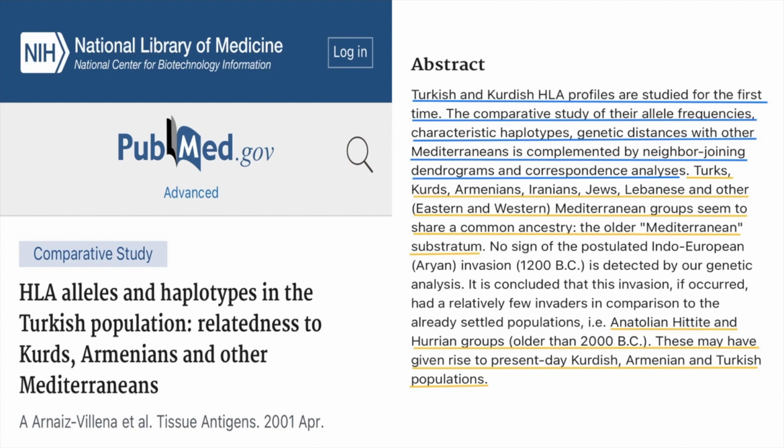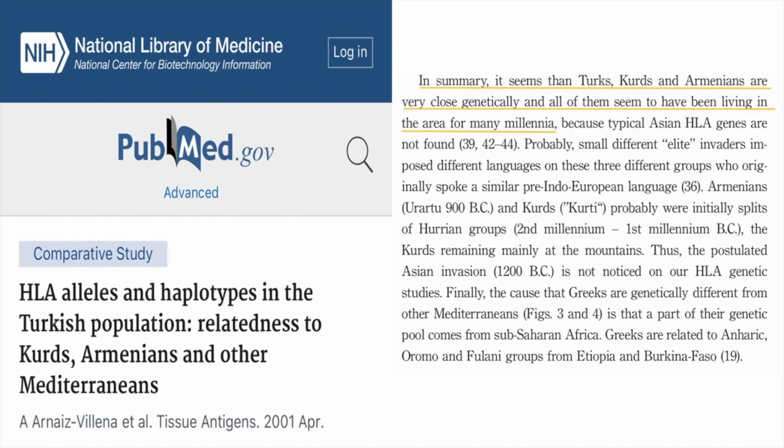So that's what I'm trying to illustrate and show y'all when it comes to what was going on back then and what we see today in the genetics. In summary, it seems that Turks, Kurds, and Armenians are very close genetically, and all of them seem to have been living in the area for a millennium.